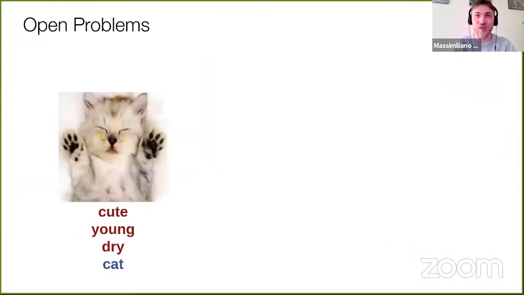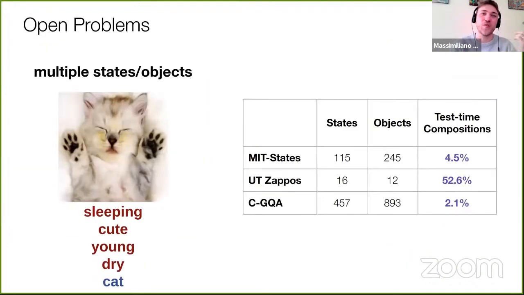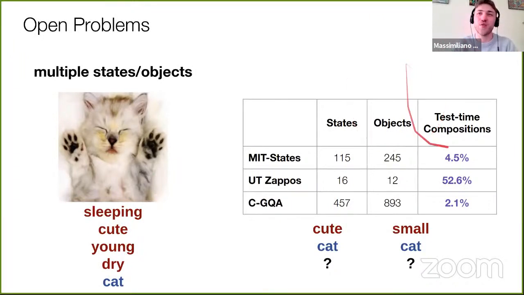And so this is actually what we focused on in the next work, because it's not only the fact that these weird compositions like broken cat are present in this full compositional space, but also some other compositions like cute cat, a small cat, that we know are true for existing in the real world, but if we look at the compositions in MIT-States, they are not present in any of the splits.